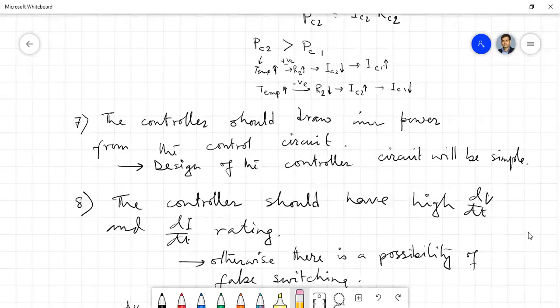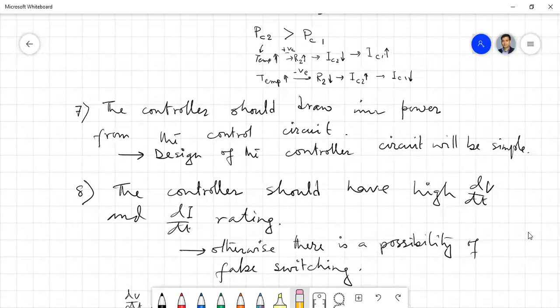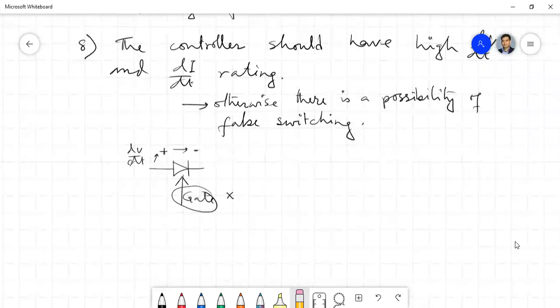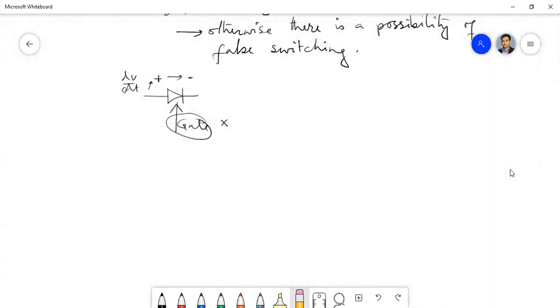Okay, so let us take an example of the transformer. The transformer equation, so let us draw it first.